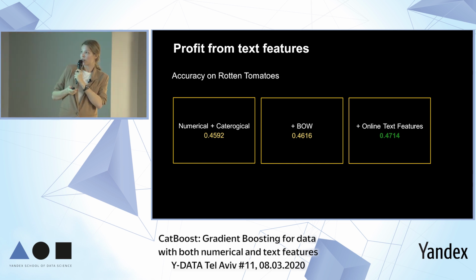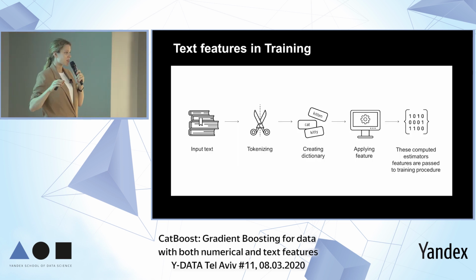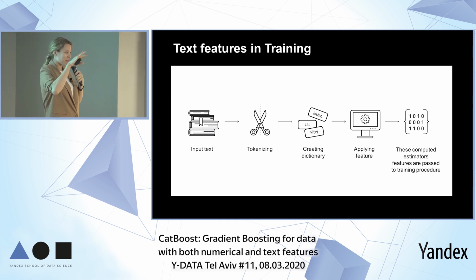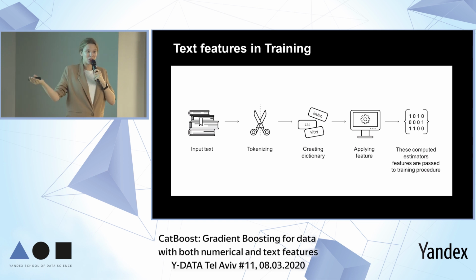Okay, so how does it work? It works in several steps. The first step is you have your text in your text feature, and you extract words from this text. So then you have the words, and you only select the most important of them. After that, you look on that words, and you calculate numerical features from these words.